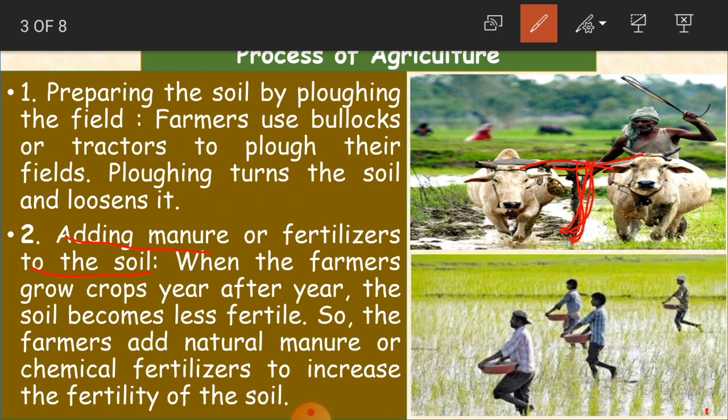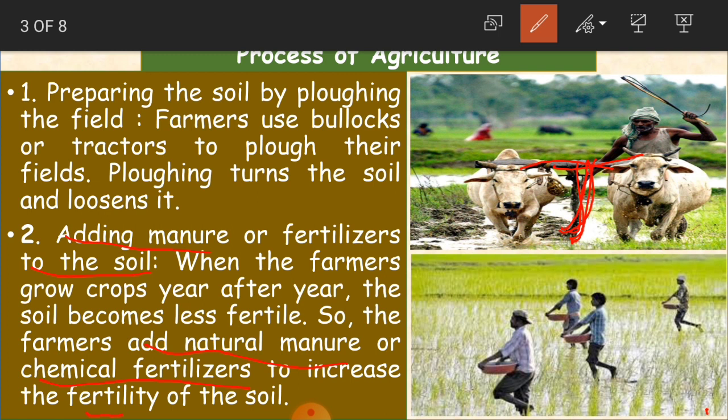To maintain the healthy soil, farmers add natural manure or chemical fertilizers. Natural manure and fertilizers are both the same, with nutrients like nitrogen, potassium and all that which are required to make the soil fertile. So farmers add this to the soil to increase its fertility.